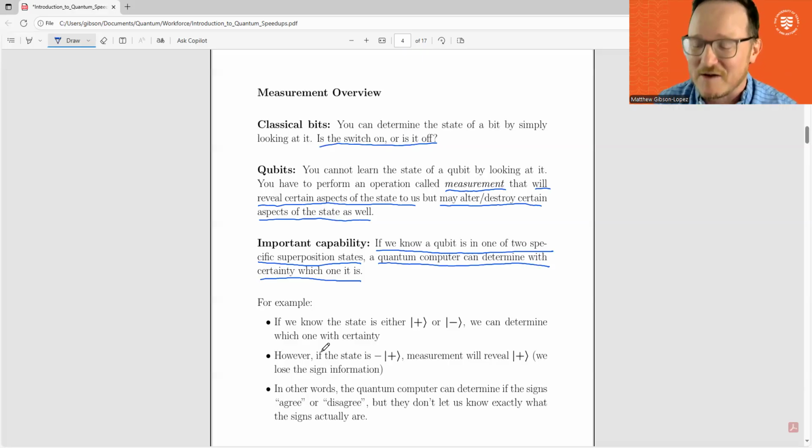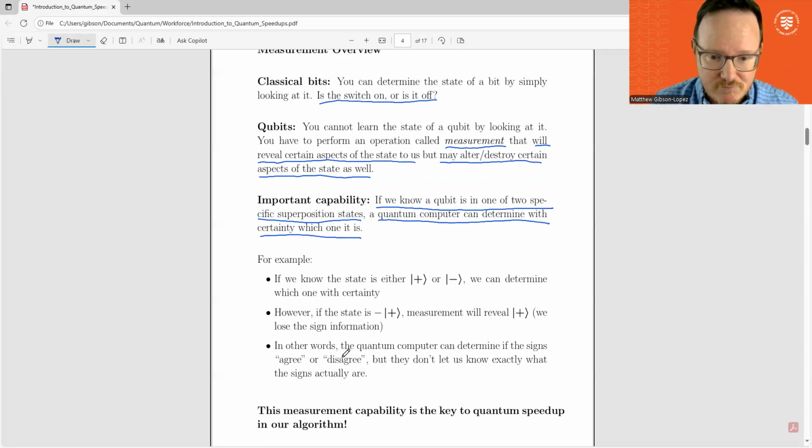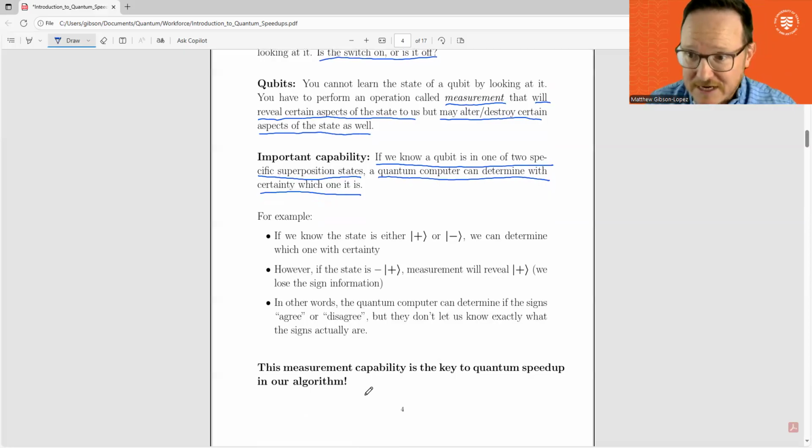It might get it wrong, but the probability of that is fairly low. For now, let's just assume that with certainty it'll let me know if the signs agree or disagree. And this measurement capability is the key to the quantum speedup that we're going to be presenting today.